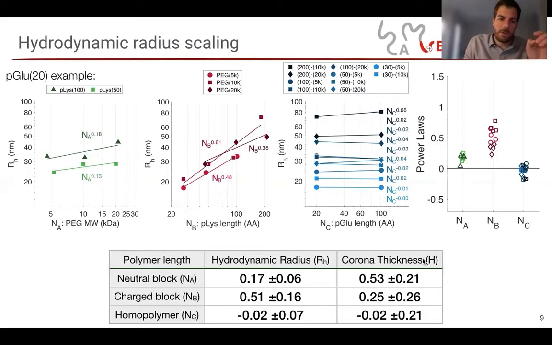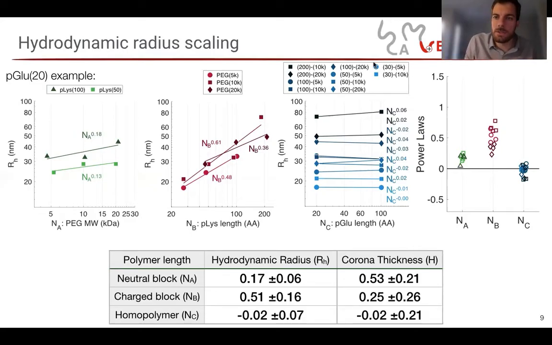And so I'm not showing it here, but I calculated the thickness for every data point, and then went through this process again to get scaling laws for both the hydrodynamic radius and also the corona thickness, with some propagated error for the thickness. But what we see is that as we increase the neutral block, we have a slight increase in the hydrodynamic radius, a more drastic increase in the corona thickness, as you expect.